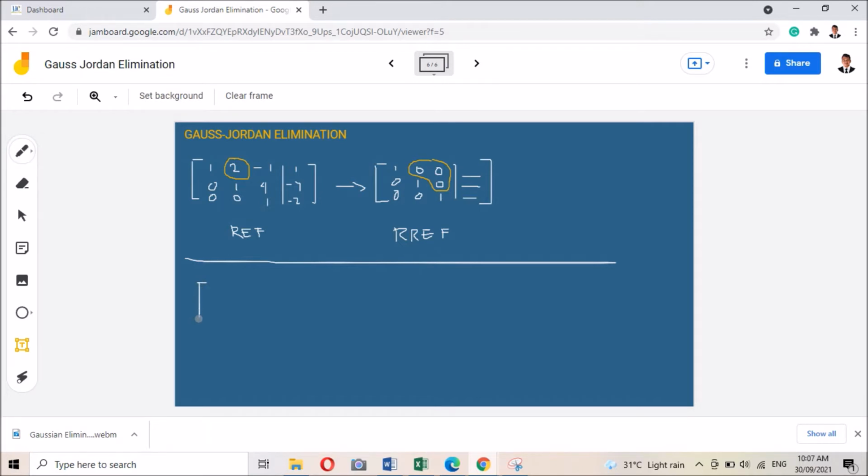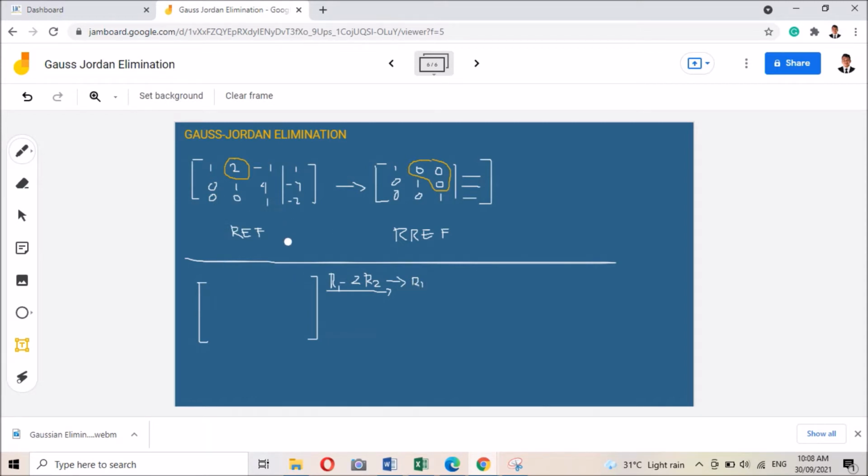So for row 1, R1 minus 2R2, and this implies R1. We'll put the entries of the result in R1.